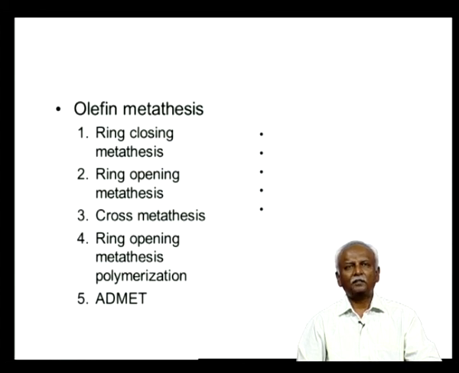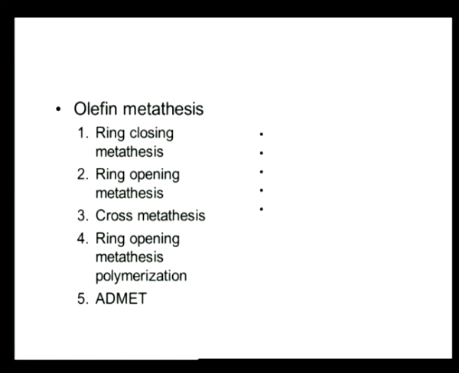And cross metathesis is something that we have discussed extensively in today's lecture also, and that is the simplest form of the metathesis reaction. And ADMET is another method where we can have new types of polymerization reactions carried out.